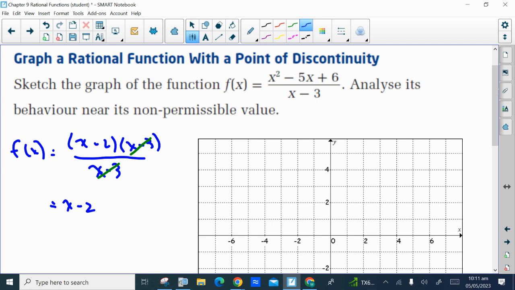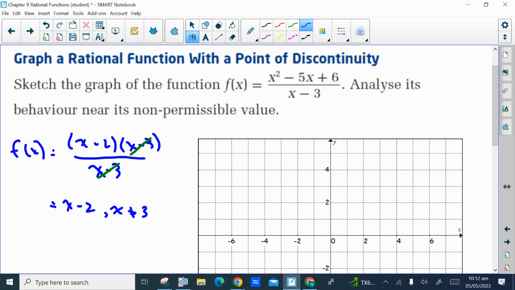It's in slope-intercept form. It has a slope of 1 and a y-intercept of negative 2. However, when you're talking about restrictions, you have to go back to the original expression, which has a denominator of x minus 3. So we would say then that x cannot equal positive 3. Normally, this would mean that you'd have a vertical asymptote there. But however, in this case, by factoring the top and dividing top and bottom by x minus 3, we get rid of that factor.